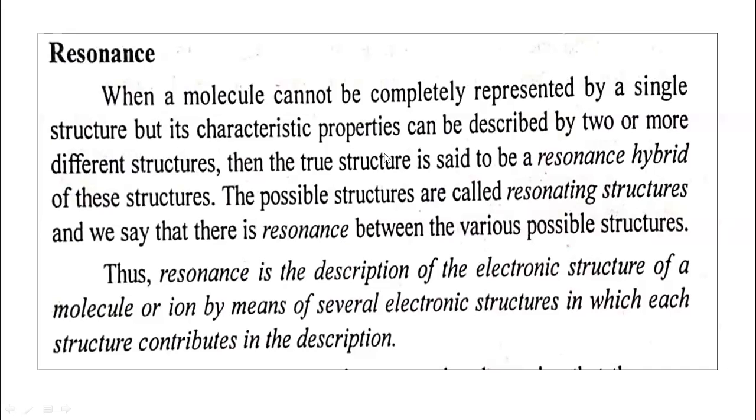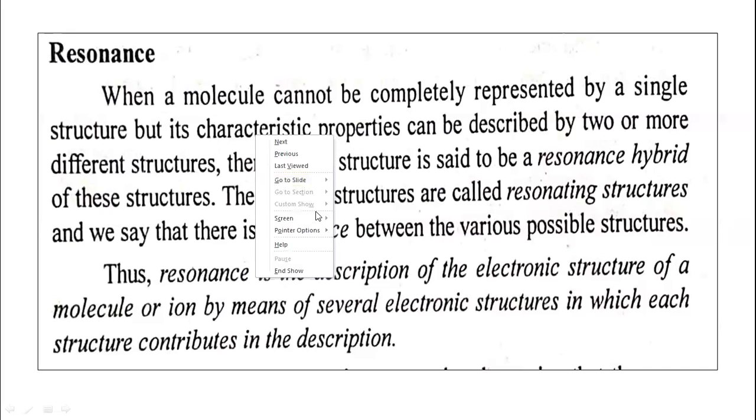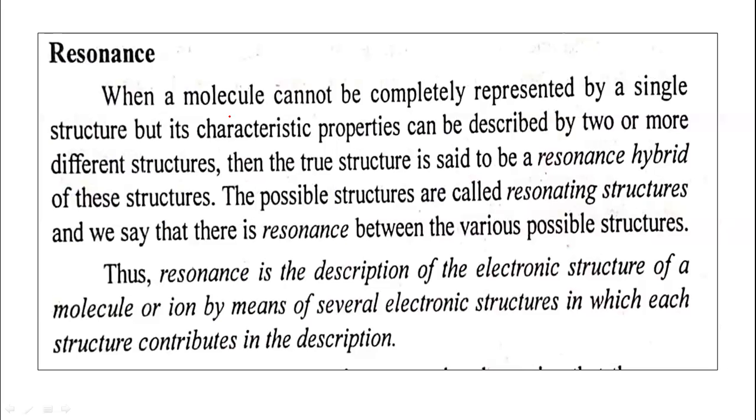Let us take an example to explain this. For example, the hydrogen molecule. The hydrogen molecule can be represented in this way. This is the first structure of the hydrogen molecule.